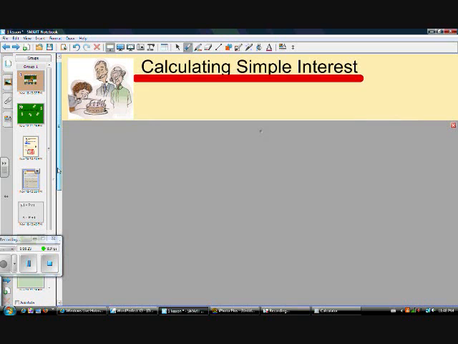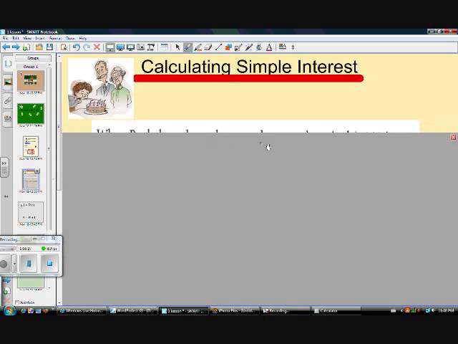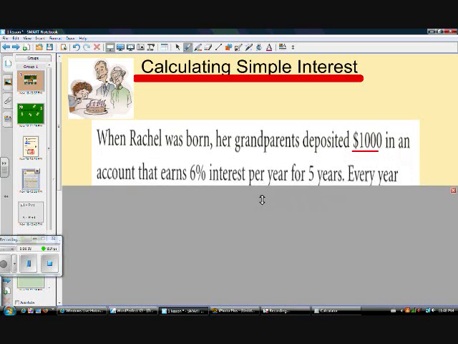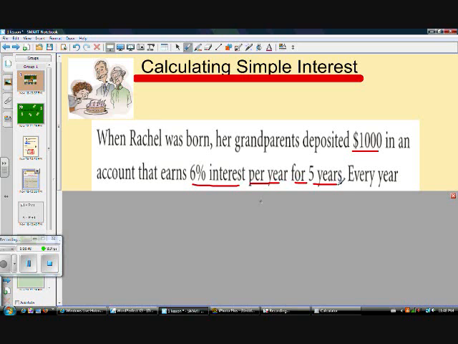And to look at this example, you notice there's a picture here, and this happens in some homes. This is Rachel, and when she was born, her grandparents deposited $1,000 into an account that earns 6% per year for 5 years.